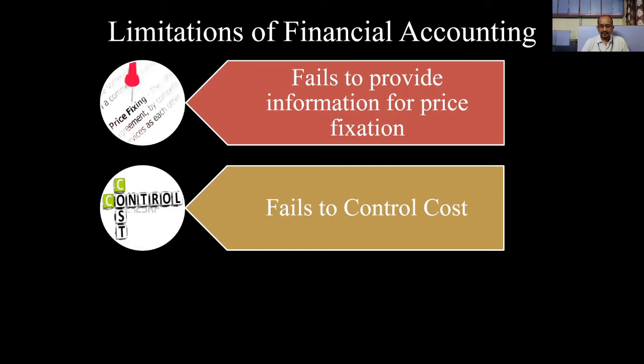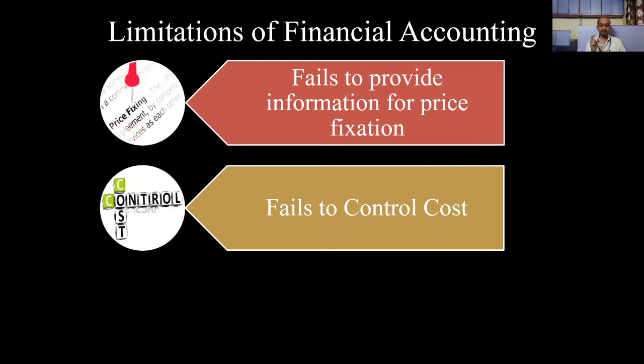Next, it fails to control cost. In manufacturing a product, three things are important. First, material. Second, labor. And third, other expenditure. Whenever we want to control cost, we need to control these three things.